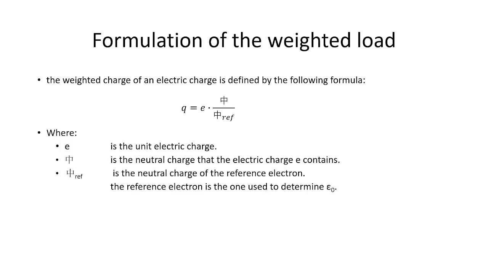Formulation of the weighted charge. The weighted charge of an electric charge is defined by the following formula: Q equals E multiplied by zhong over zhong-ref, where E is the unit electric charge, zhong is the neutral charge that the electric charge E contains, and zhong-ref is the neutral charge of the reference electron.